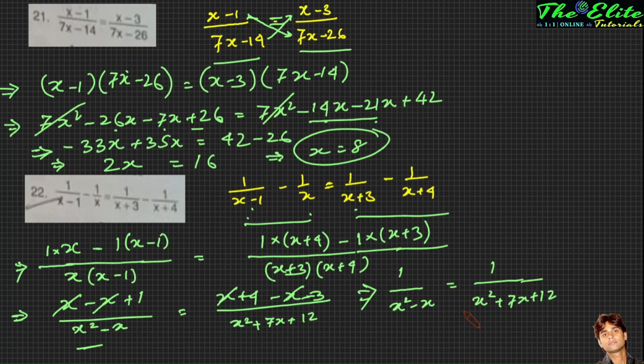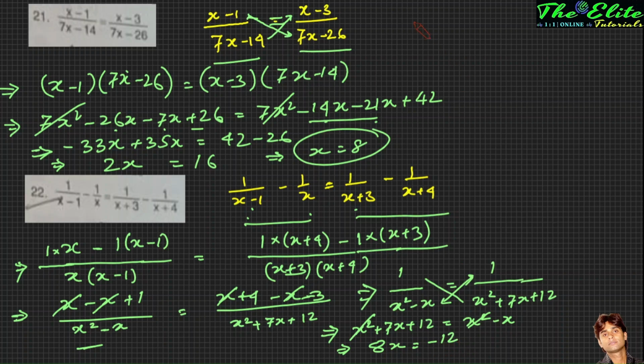Now very easy, you will go by the cross multiplication process and get the answer. So x square plus 7x plus 12 will be equal to x square minus x, isn't it? X square from here, x square from here will get cancelled, so 7x and this minus x, when it comes up, on the left hand side it will become 8x, and then this 12, if I transpose it to the right hand side, becomes minus 12.